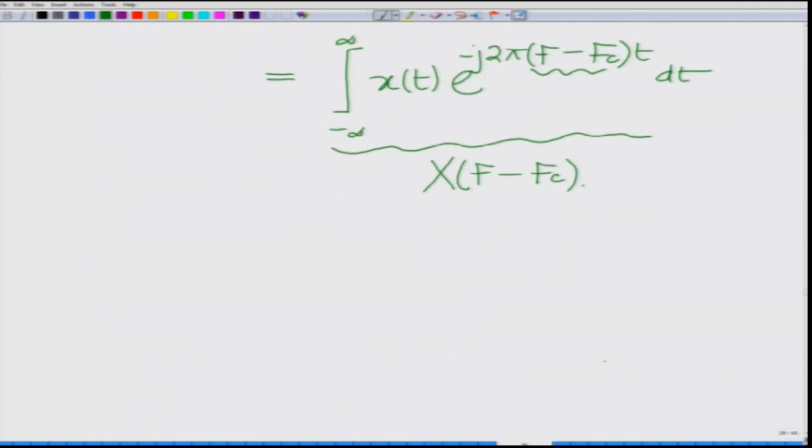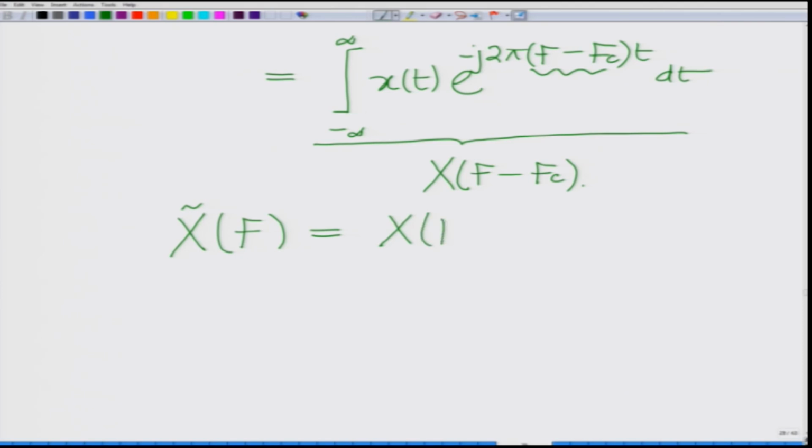So, we have this interesting result: x tilde f, the Fourier transform of the modulated signal, is simply x of f minus f c.